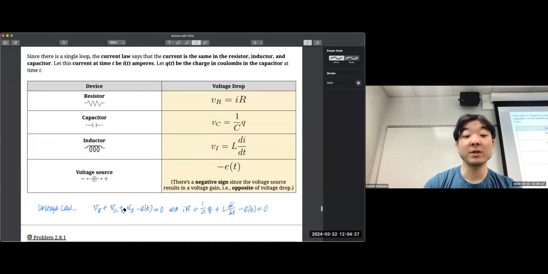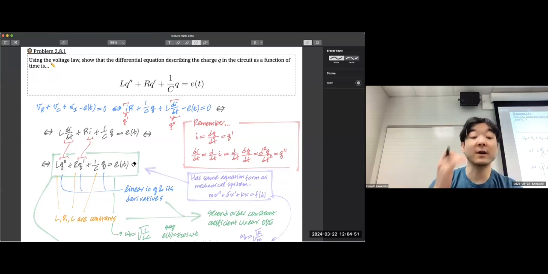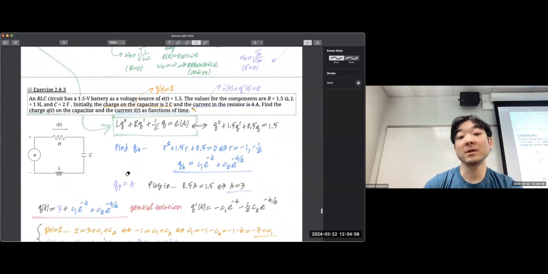That combined with the voltage law, the fact that all the voltage drops have to add up to the voltage gain in the circuit, results in a differential equation for the charge in the circuit, Q being the charge. It is second order with constant coefficients if you assume L, R, and C are constants, and then the voltage source acts like a non-zero forcing function, which makes this in general non-homogeneous.